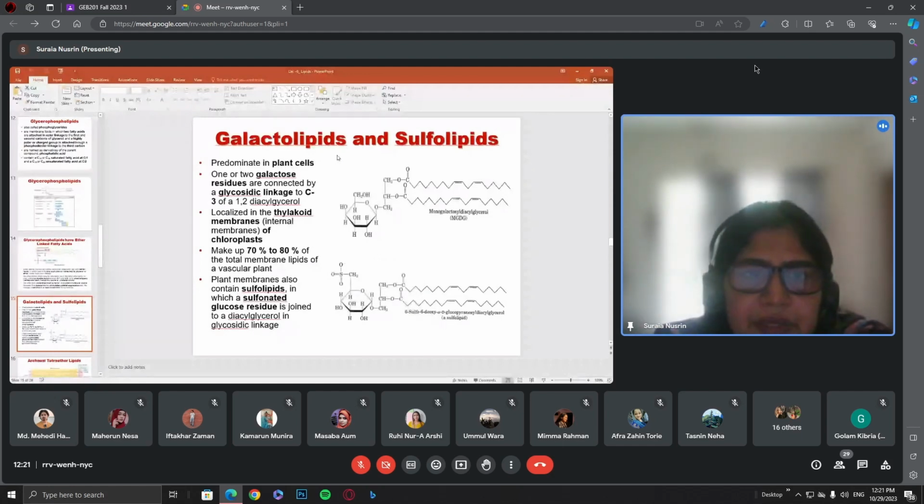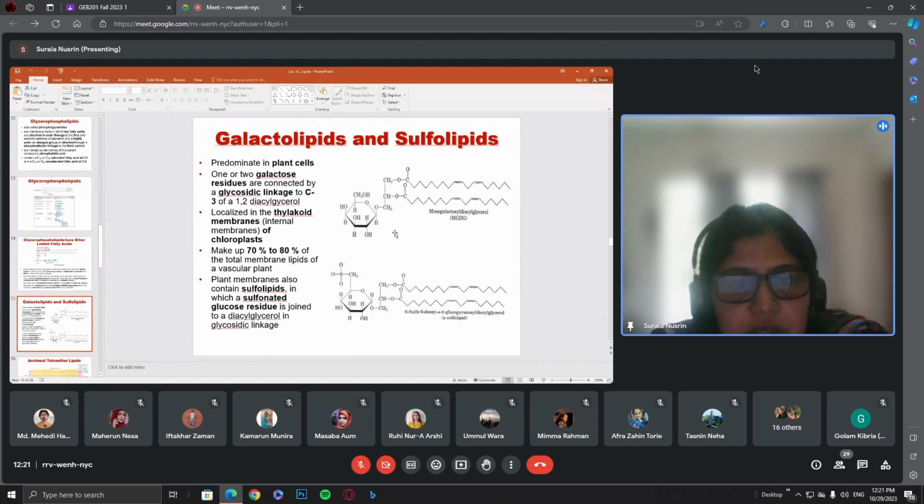These lipids are mainly present in plant cells. Under the galactolipids specifically, the sugar residue is galactose, and that sugar is linked to carbon number 3 of the glycerol by glycosidic bond.